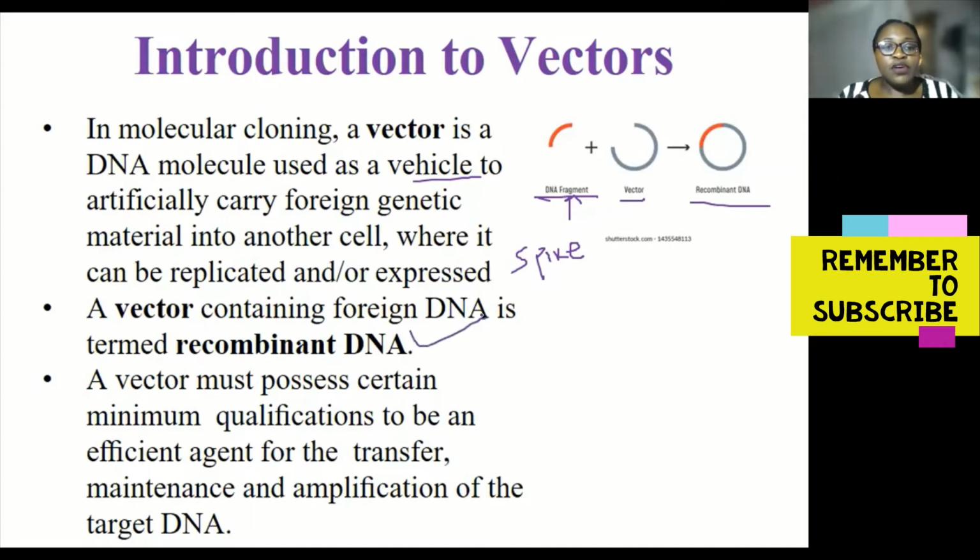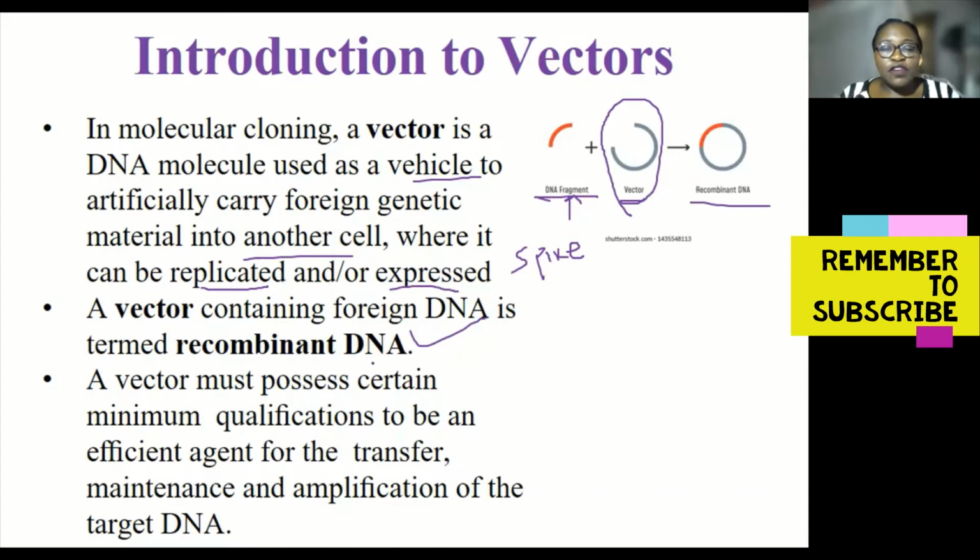And therefore, this vector will help us to carry it into another cell, and in this case, the other cell is the human host. And once it reaches the host, it can either be replicated, or made into many copies, or it can be expressed into RNA or into proteins.